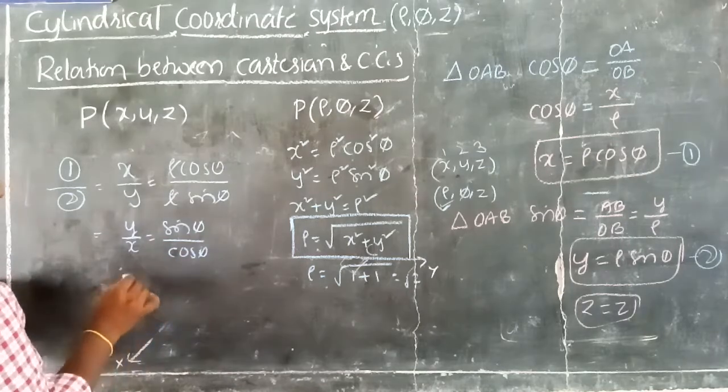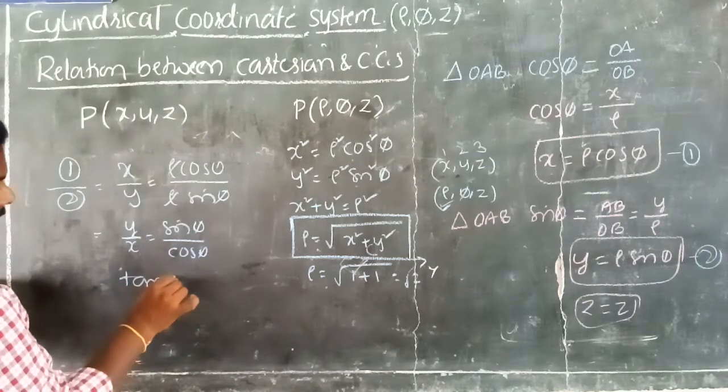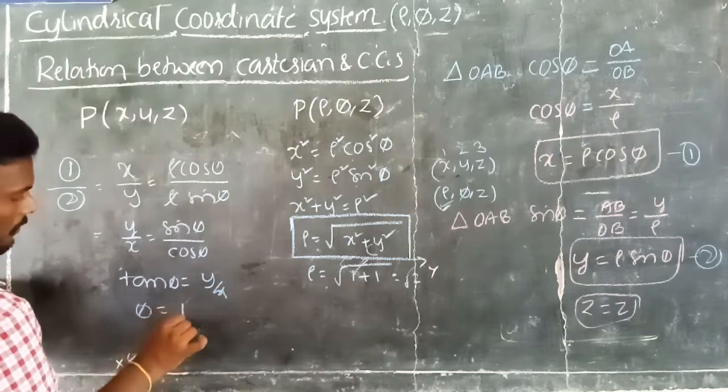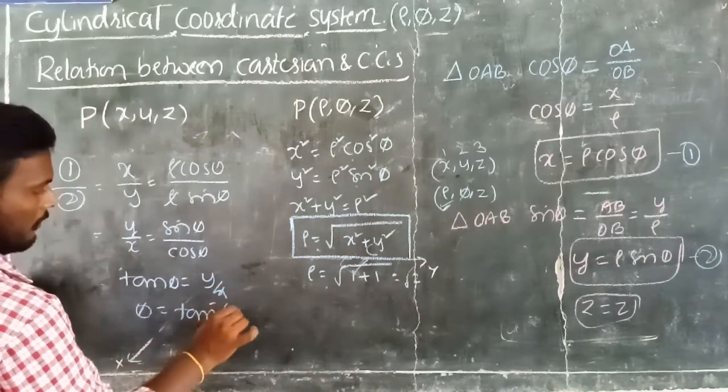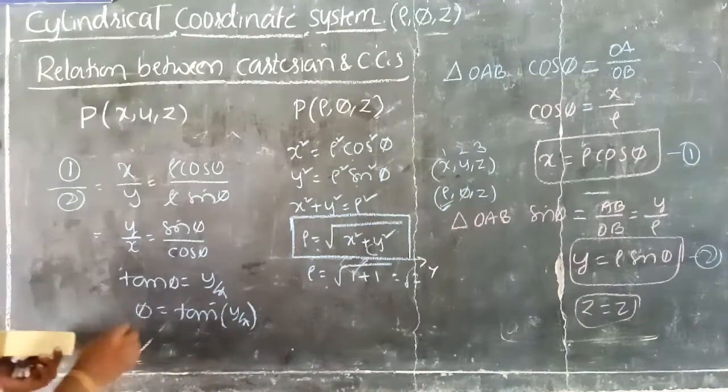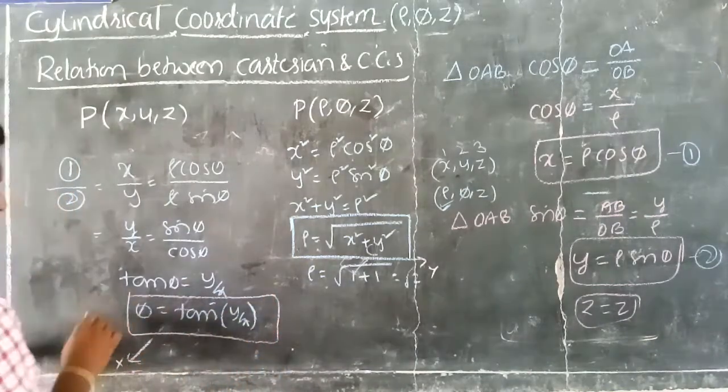What is sin phi by cos phi? It is tan phi. So tan phi is equal to y by x, or phi is equal to tan inverse of y by x. This is the expression for phi.